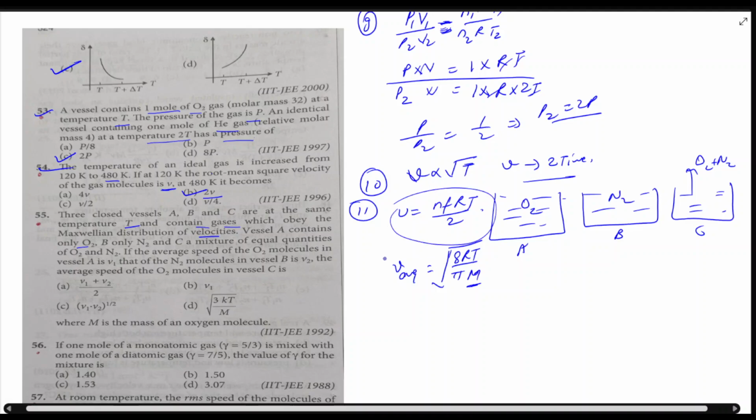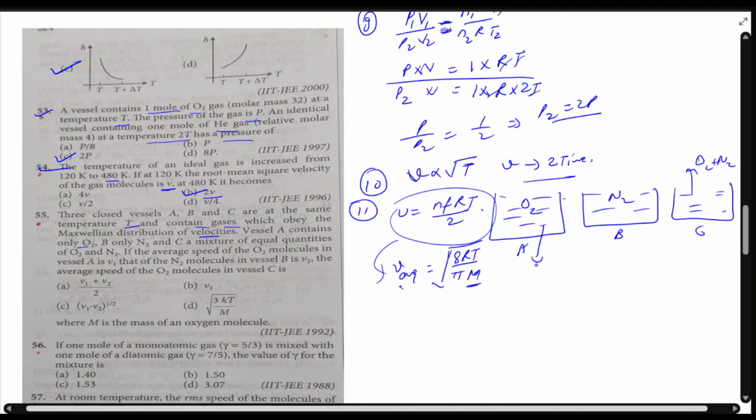So from this we have found this, right? We have also found RMS and so many other things, right? So the average speed of O2 molecules in vessel A is V1, and in B it will be V2.